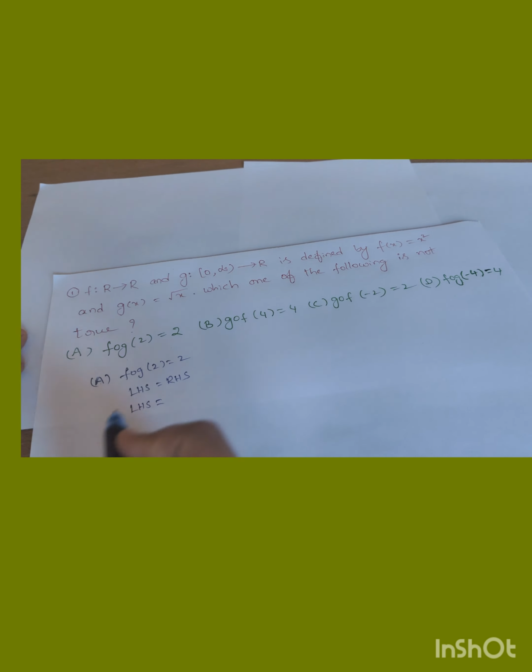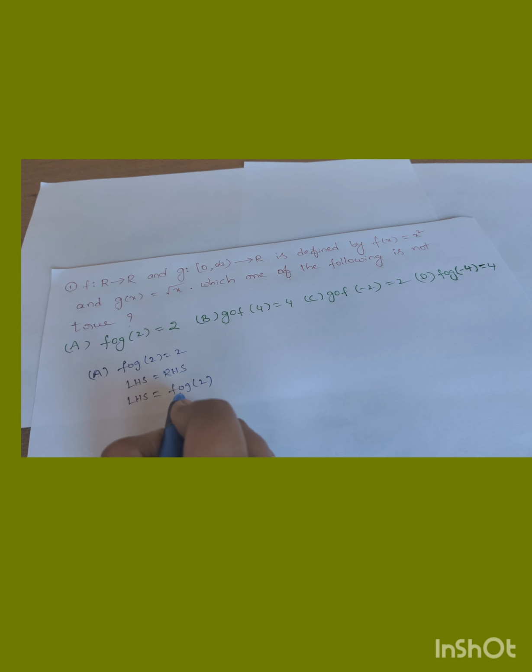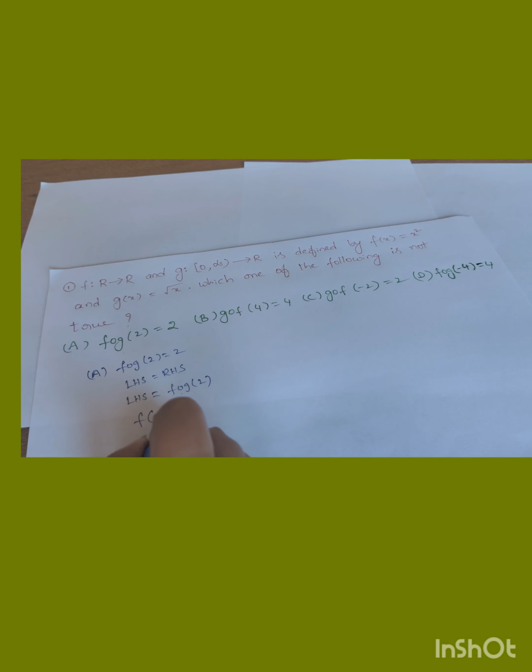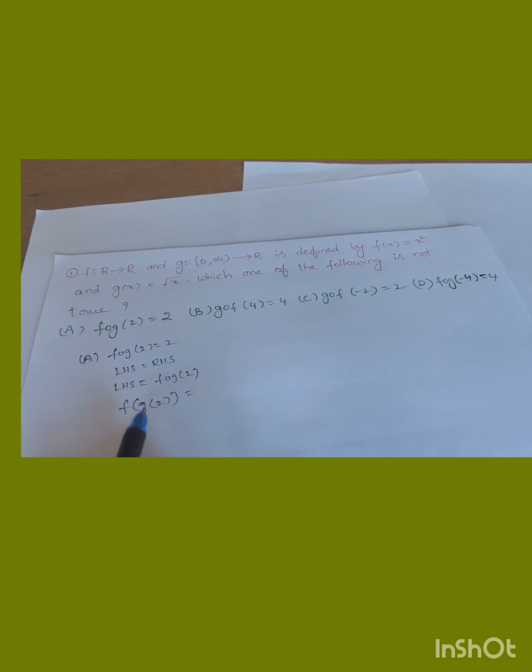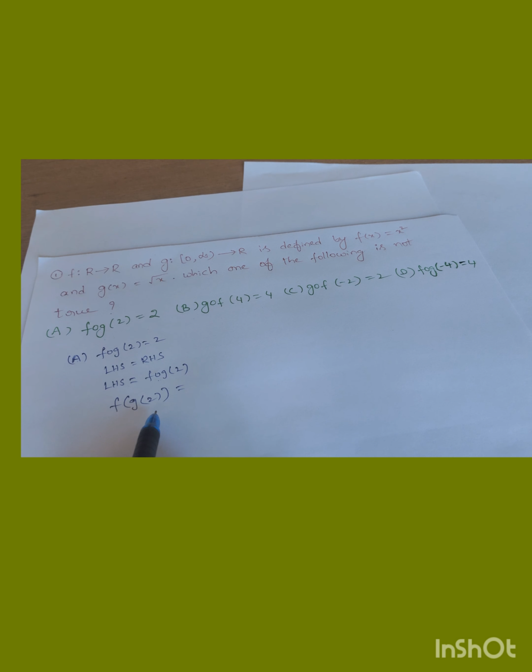LHS is equal to f circle g of 2. Circle means here "of". So write f of g of 2. We need to find this g of 2 value first.